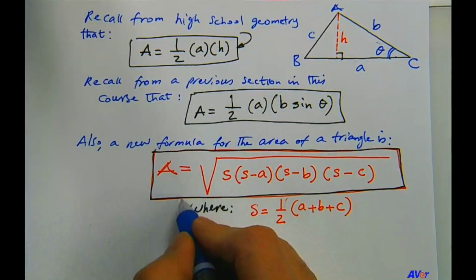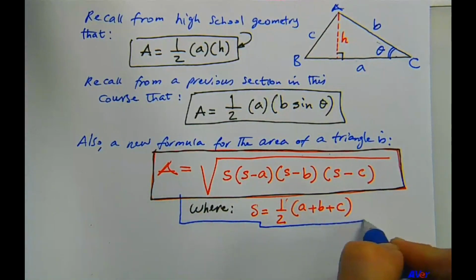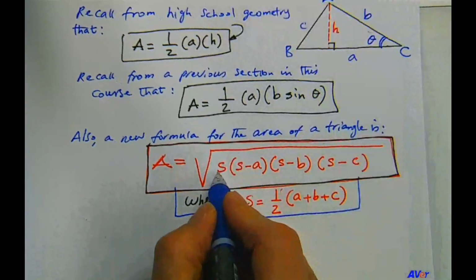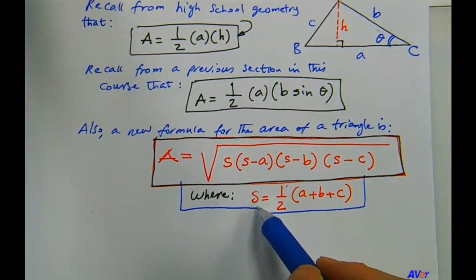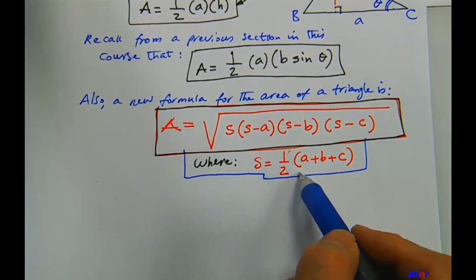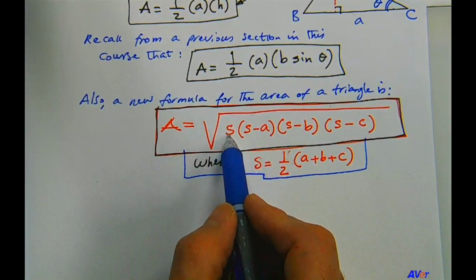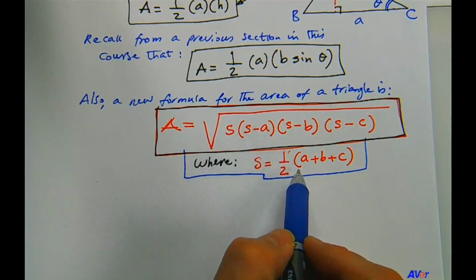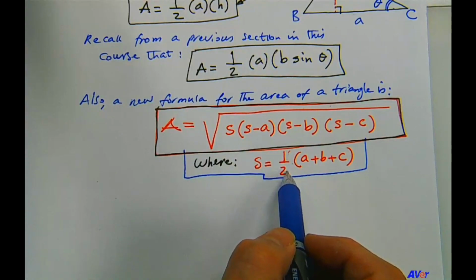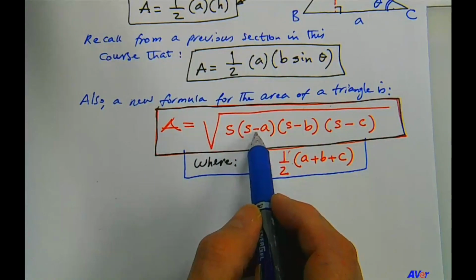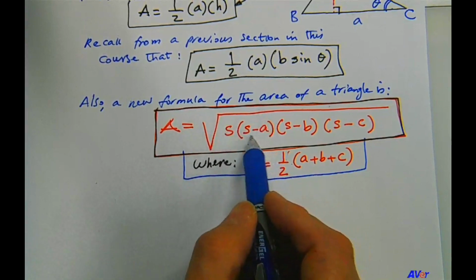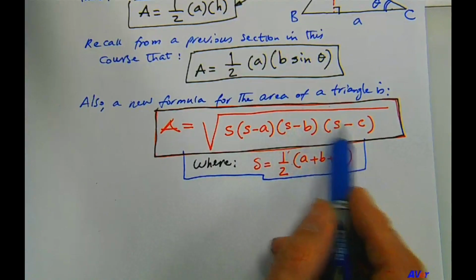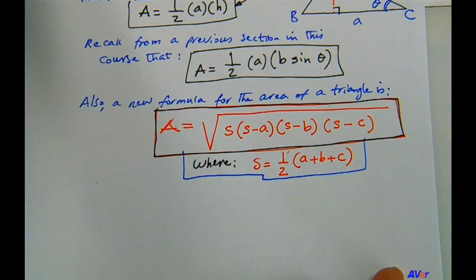So I need to also box this connected to that. Okay, and so we find the half of the perimeter of the triangle, then multiply that measure by the difference between the S and each of the sides, the lengths of each of the sides.